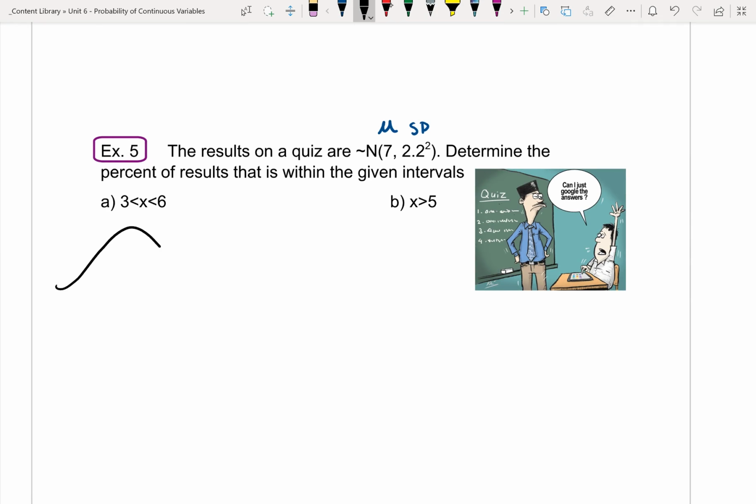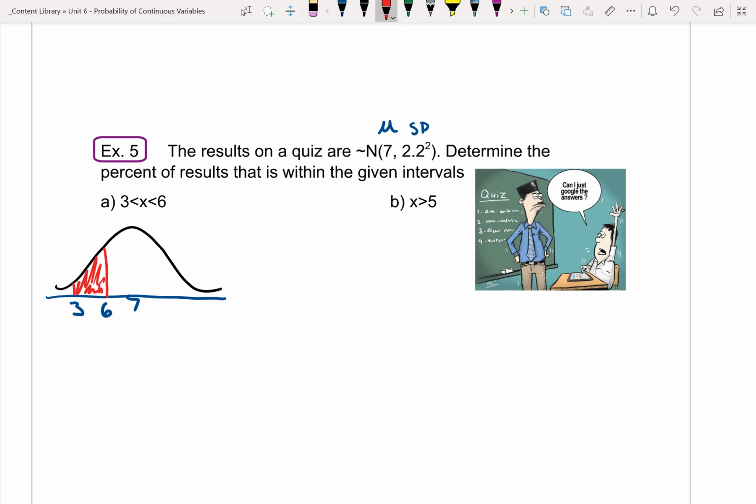So if I look at my normal distribution here, I have my mean of 7. I want to find basically this area underneath the curve.